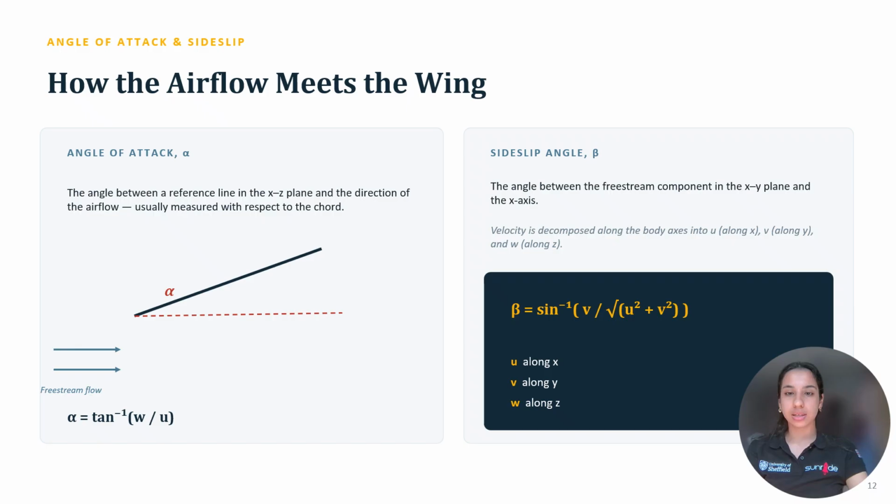So velocity is decomposed along the body axis into u, which is along the x, v along the y, and w along the z.